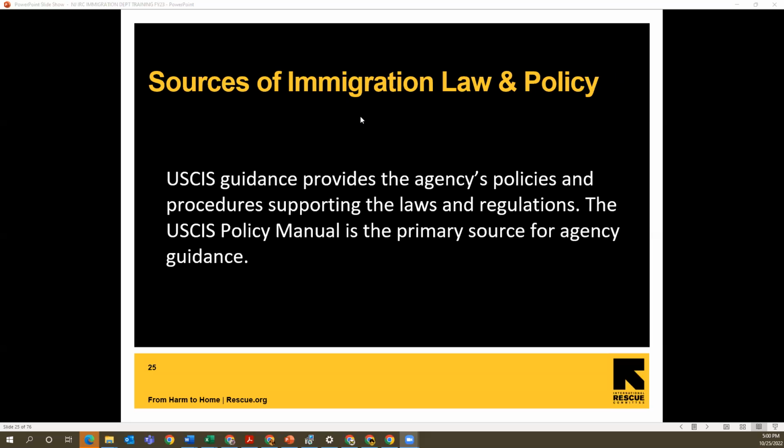The USCIS policy manual is the primary source for agency guidance. The policy manual is helpful. It is written in more plain English, and it is very accessible online. So we will be looking at it a little bit later in the training, and we do come back to it often during our weekly meetings whenever it is relevant to do so.